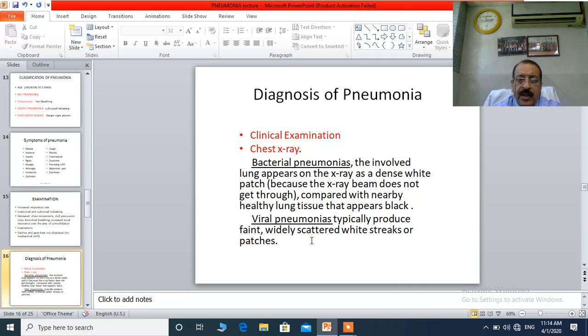Now, coming to the diagnostic workup of pneumonia, the X-ray is the most important investigation.